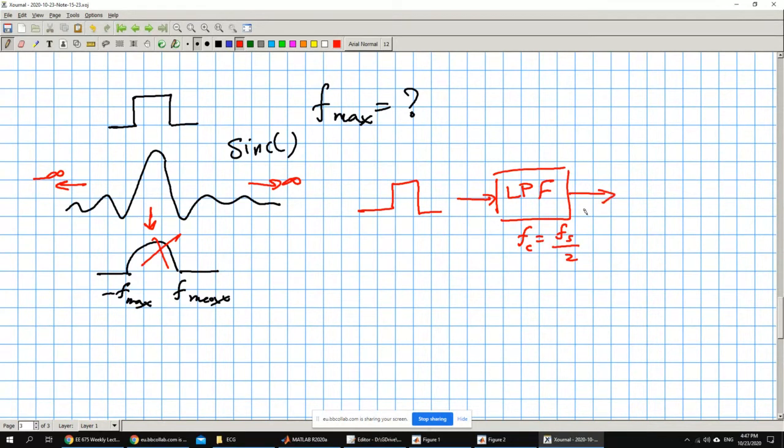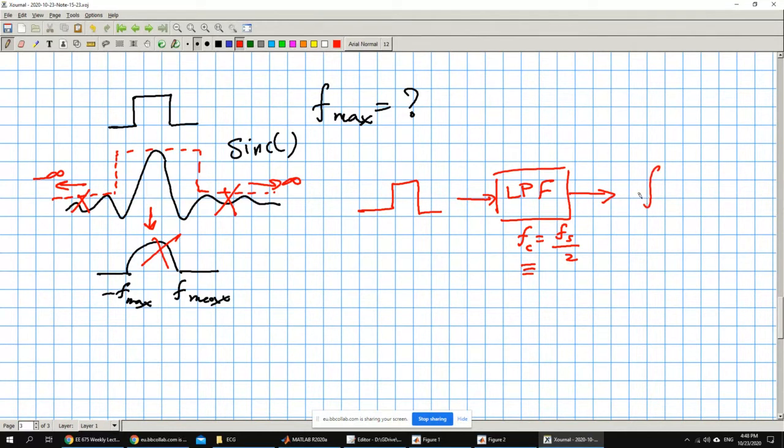What would be the result? It's as if I multiplied this by something that looks like this, so I removed the parts that are here and there, and now my maximum frequency will be F cutoff.